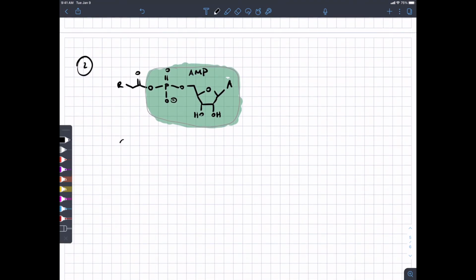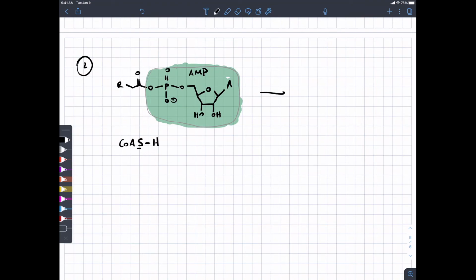And then we have coenzyme A, which has a sulfur and a hydrogen. I'm not drawing the structure of coenzyme A for you. We can do that another time.